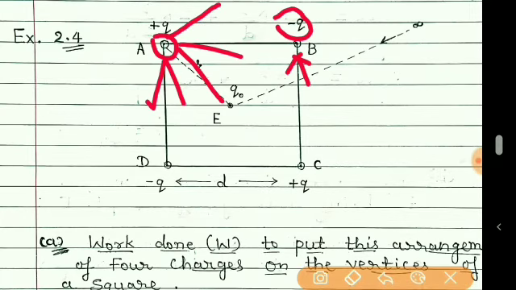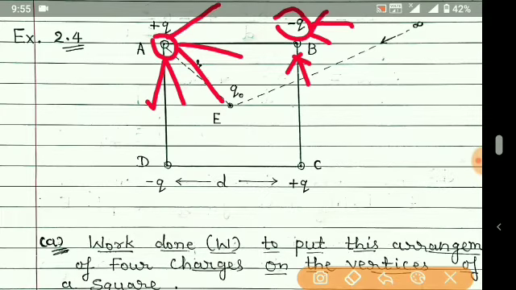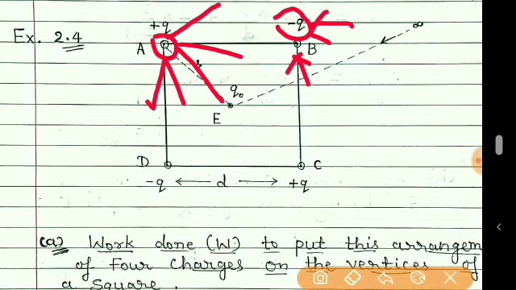So now to bring this charge minus q, I need to do work, and that work done is stored in the form of potential energy.